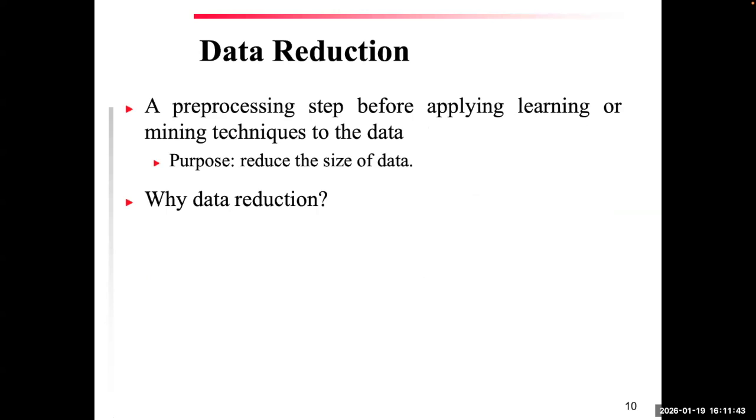We just talked about why sometimes smaller data is even better than larger data. Many of our data sets are just too big to handle. They may have too many rows, too many columns, and it doesn't necessarily mean that we need all of them.